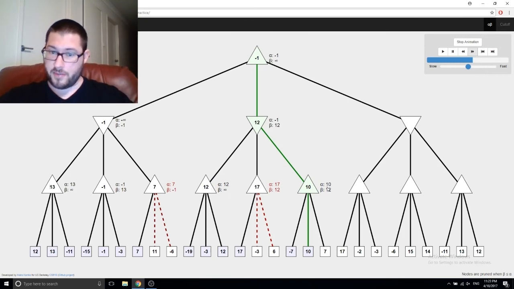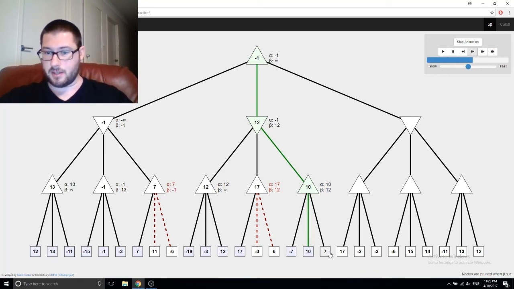So since there's no overlap, it's the best possible path that can be taken from this node so far, and the parent node is happy with you taking that path. There's going to be no pruning.